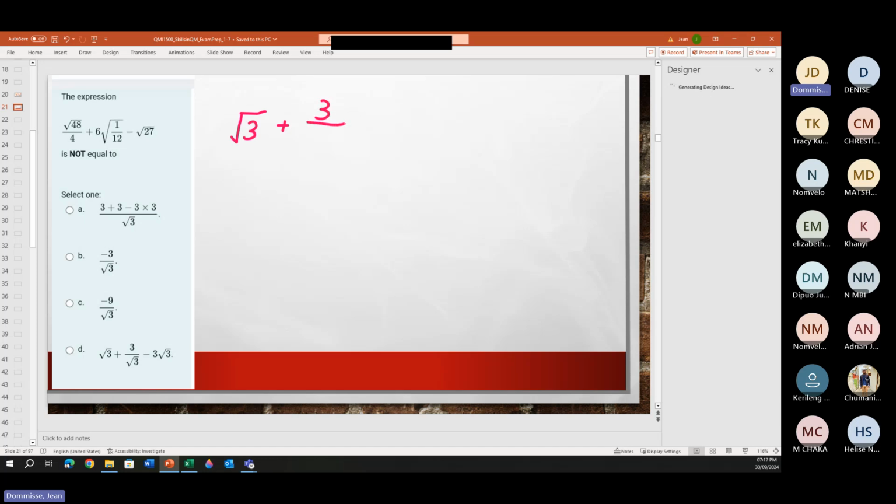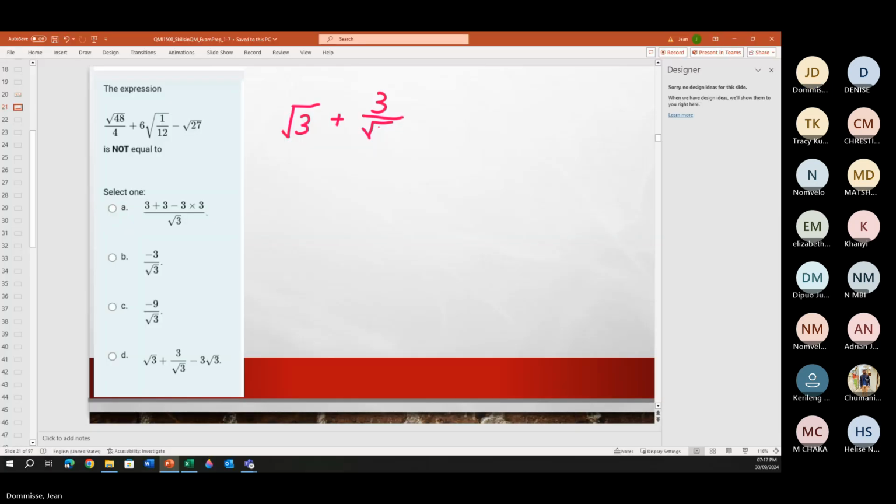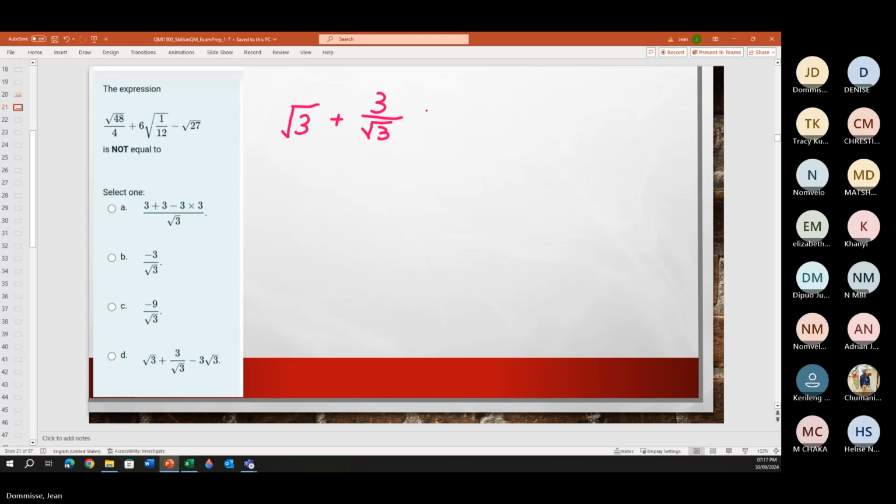And you can probably, as a backup, actually go and put everything into a calculator and work it out.